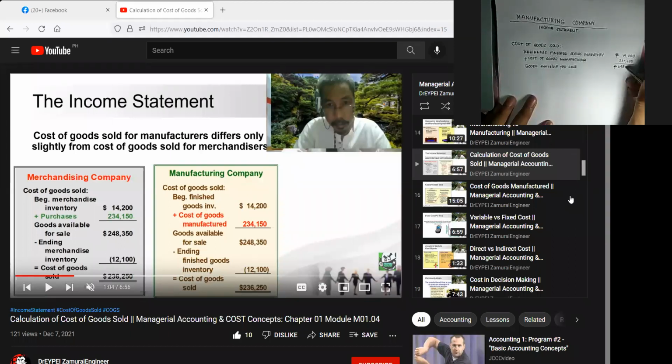248, and again, the comma must be in line. And 350. All the digits here are in line. So that is the correct way of recording under the accounting principle.